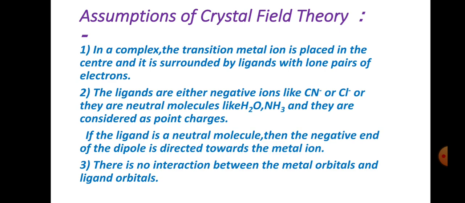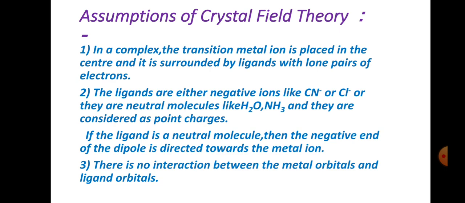Second, the ligands are either negative ions like CN minus or Cl minus, or they are neutral molecules like water, ammonia, and they are considered as point charges. If the ligand is a neutral molecule, then the negative end of the dipole is directed towards the metal ion.